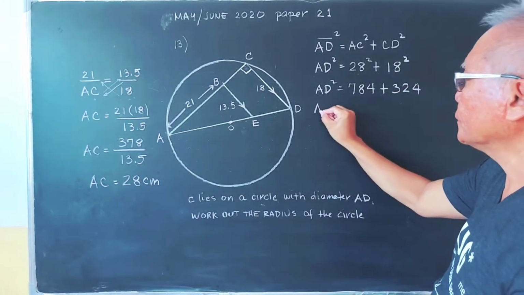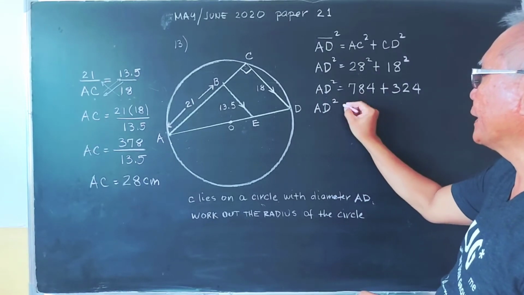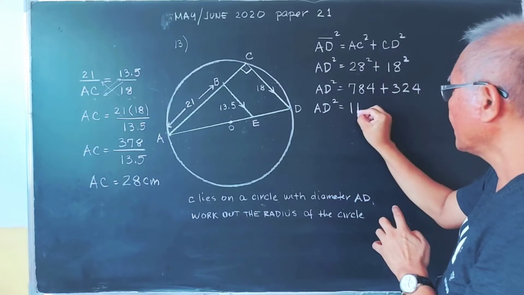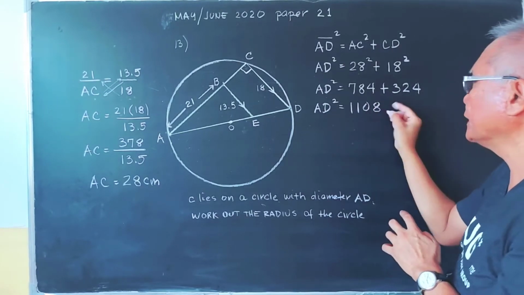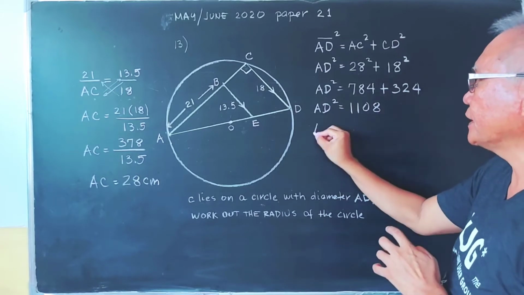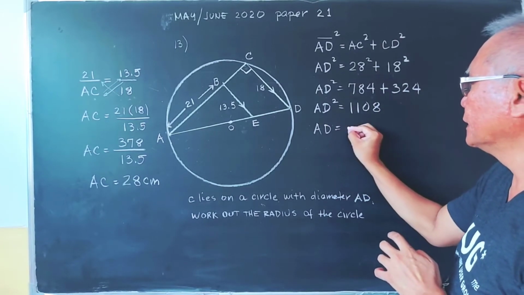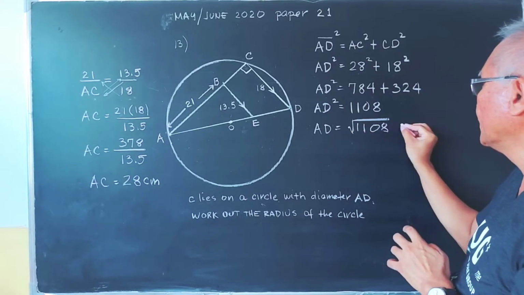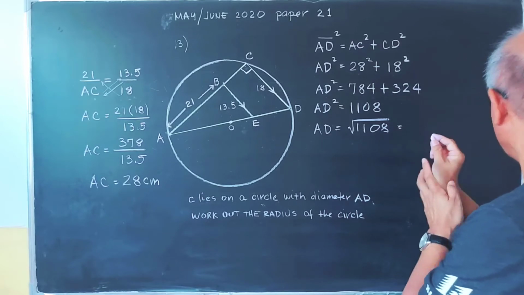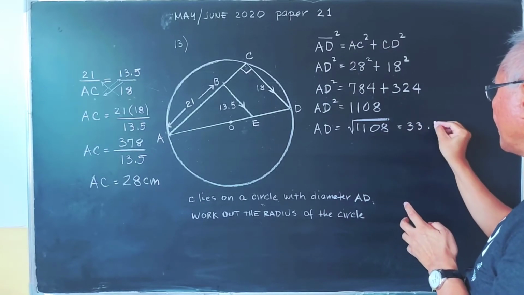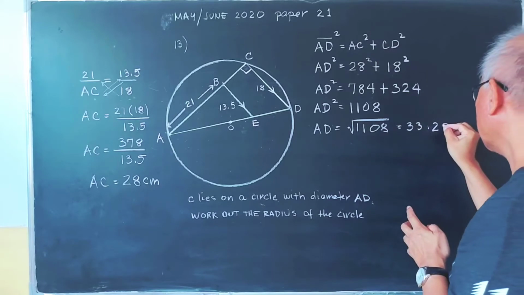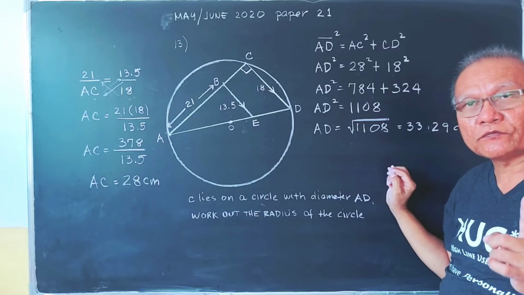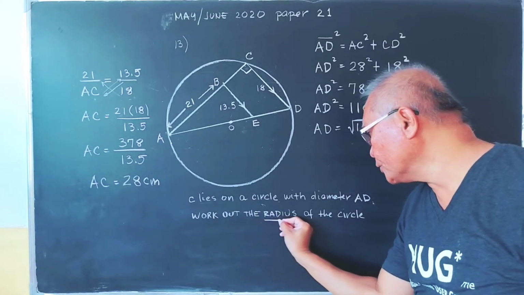Then we add these: AD squared is equal to 1108, and then we take the square root of that. The square root of 1108 is equal to 33.29 centimeters. But we are required to find the radius.